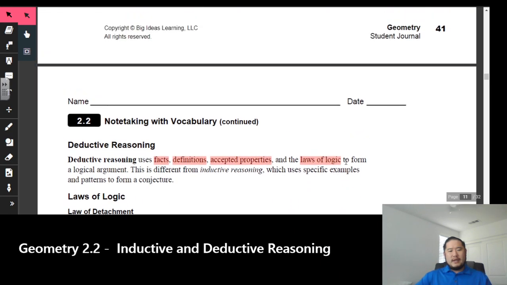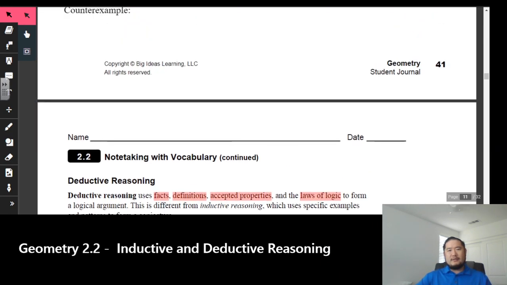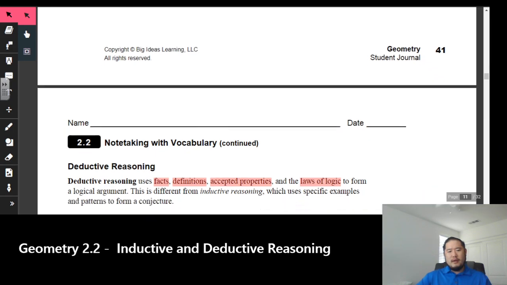Our next reasoning right here is deductive reasoning. Deductive reasoning uses facts, definitions, accepted properties, and laws of logic to form a logical argument. Laws of logic are some of the terms that we may have used before. It says this is different from inductive reasoning, which uses specific examples and patterns to form a conjecture.